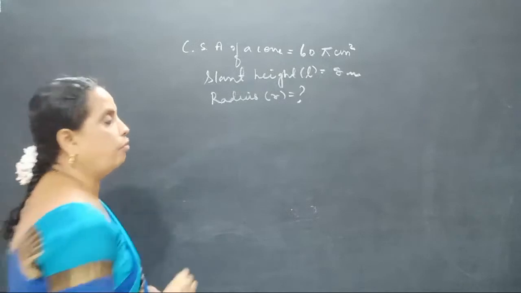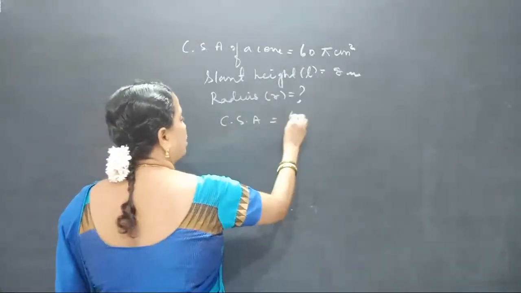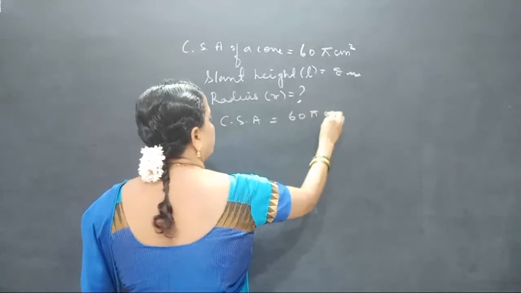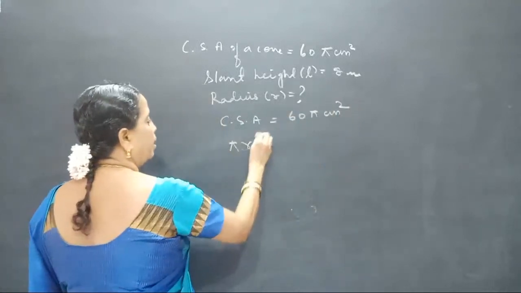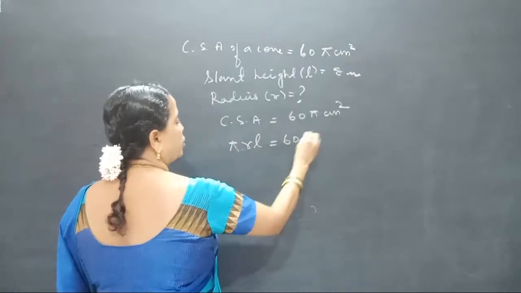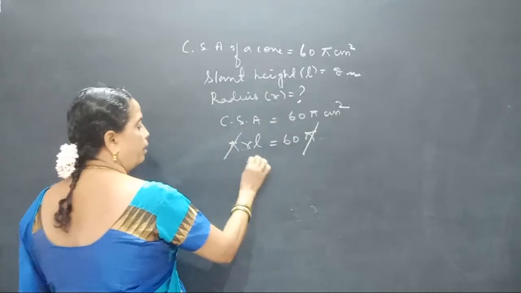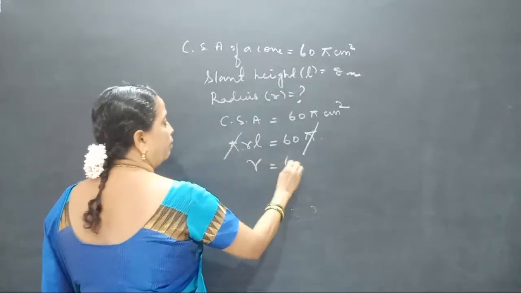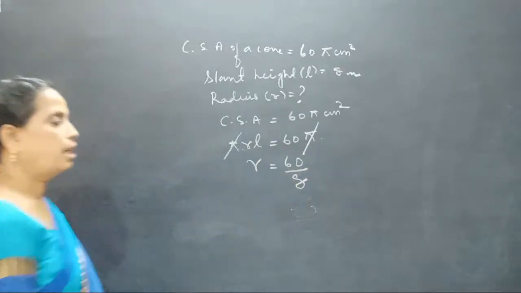Again, use the formula. Curved surface area equals 60 pi centimeter square. That is pi RL equals 60 pi. We can cancel this pi. We require R. Divide it by 8. What is the answer?